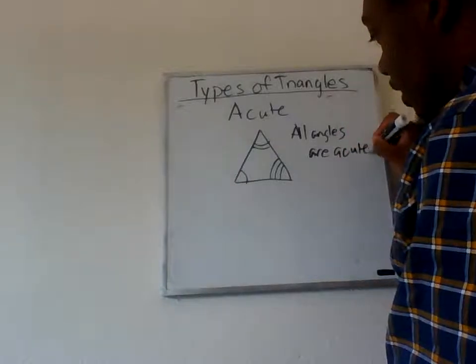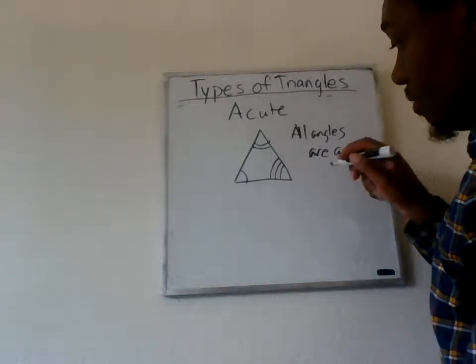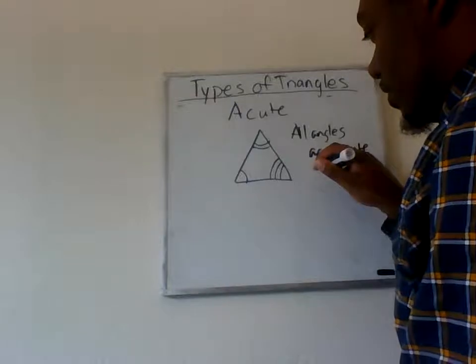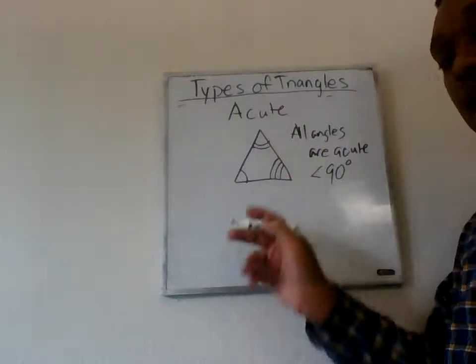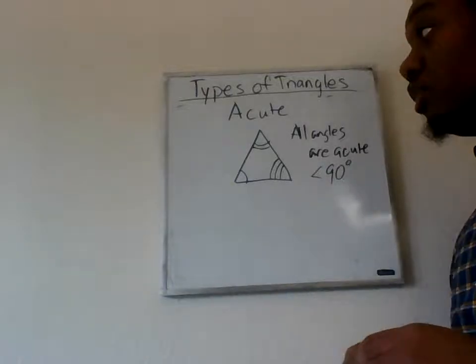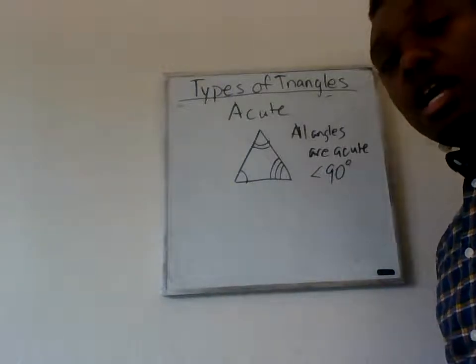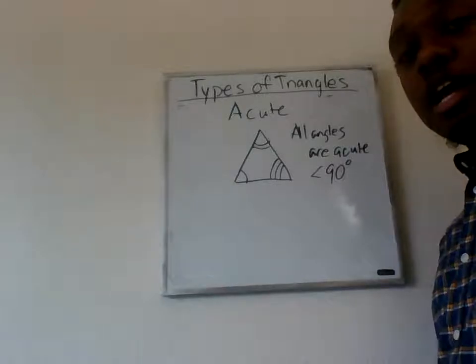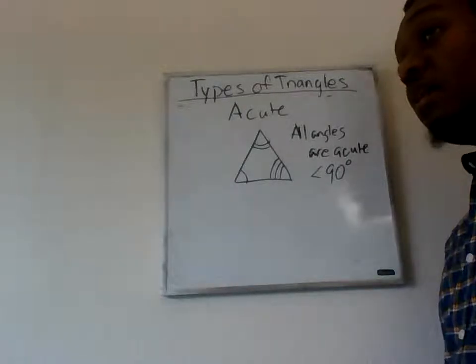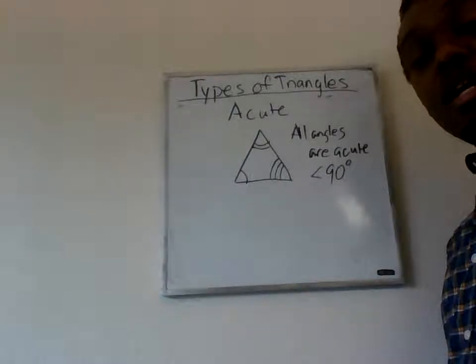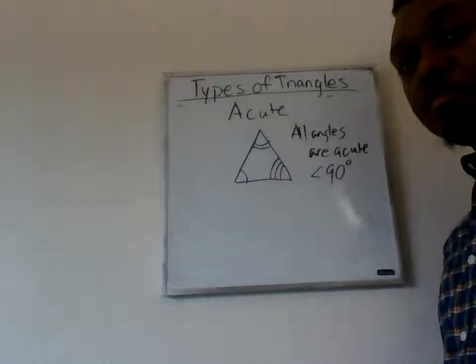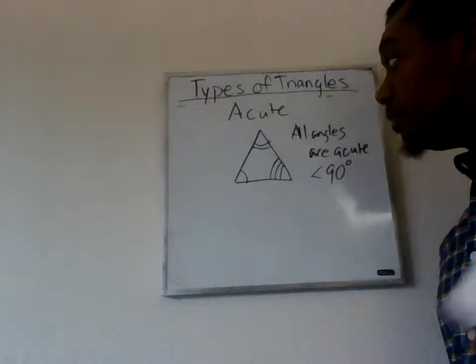And if you recall from types of triangles, an acute angle means that they have a measurement less than 90 degrees. So each of these angles is less than 90 degrees. Acute triangles are the most common triangles drawn when people just draw a triangle by freehand. And they were used quite often with building back in the day. Nowadays, we use the next triangle that we're going to look at, and that is a right triangle.